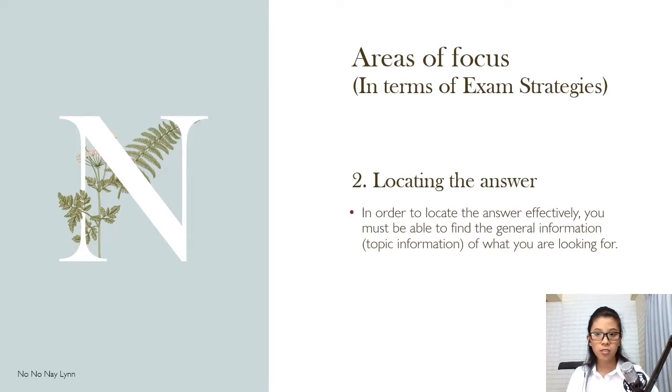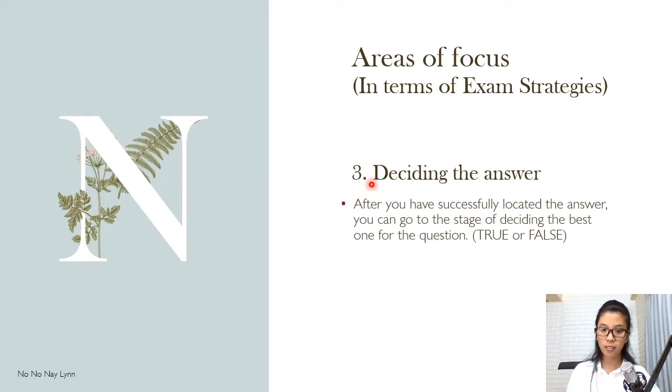So, what you need to do is underline roughly the main terms which carry most of the question's main meaning, and then try to locate the same meaning but with different words in the paragraph. So that is locating the answer.